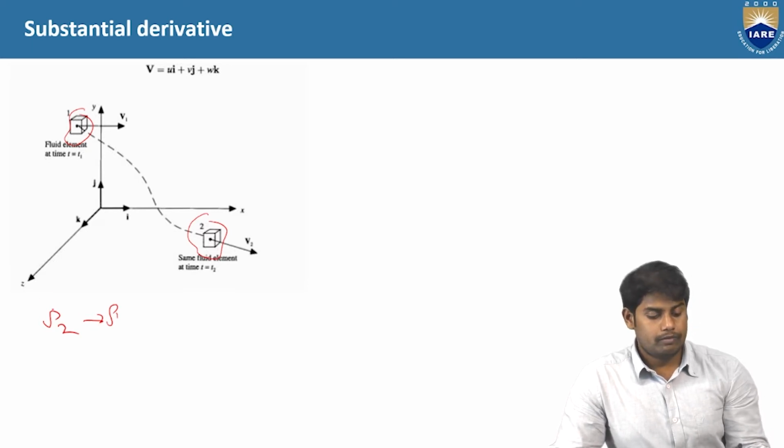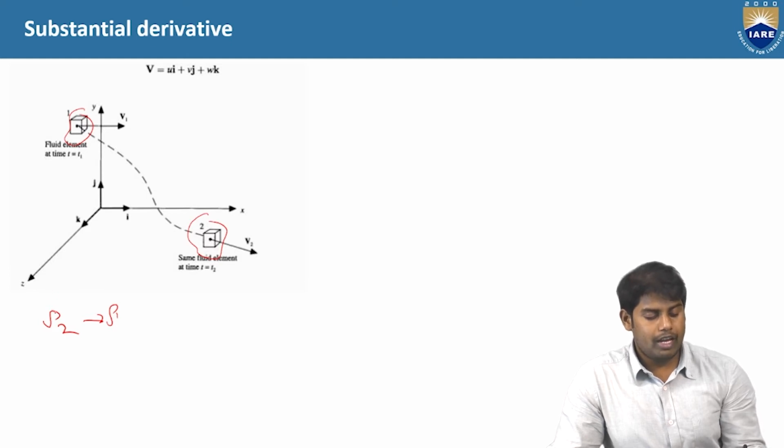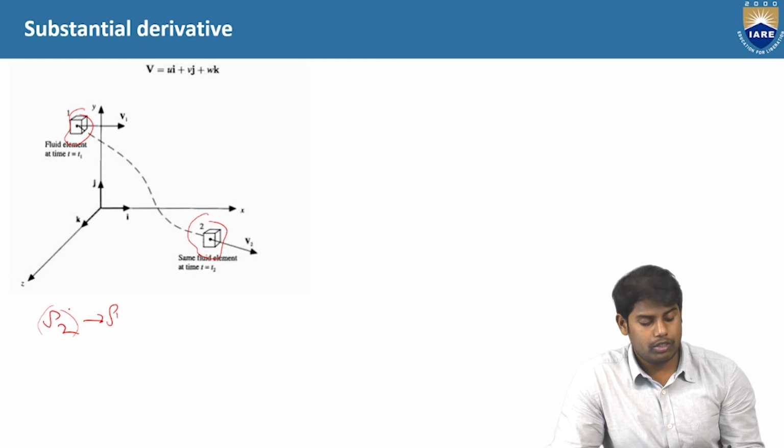Okay, so if you see, the value of density at the second point, we can actually find using mathematics, where the Taylor series expansion is used.